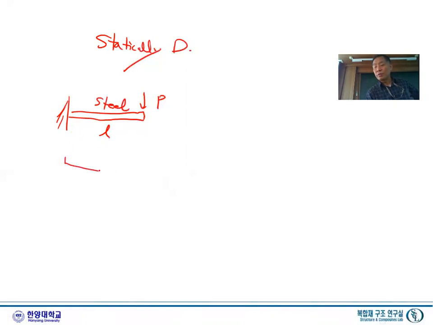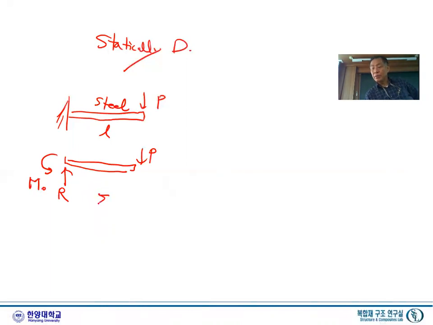Now, let's take a look at the free body diagram and P, and the unknown, which we don't know, is how much force. There should be some reaction force and there should be some moment reaction, right? So those are two unknowns.